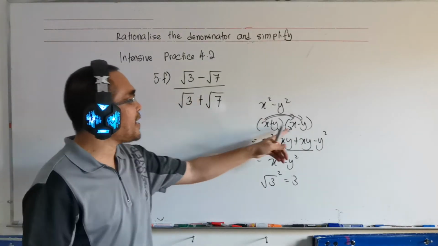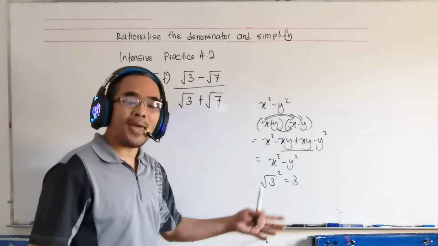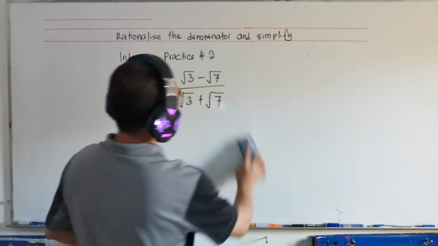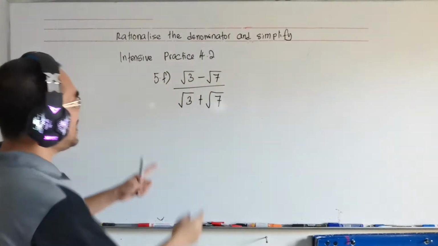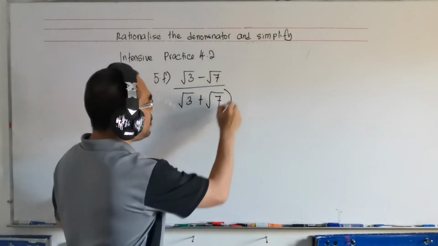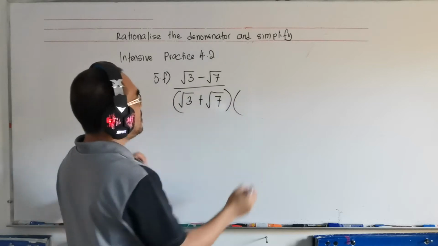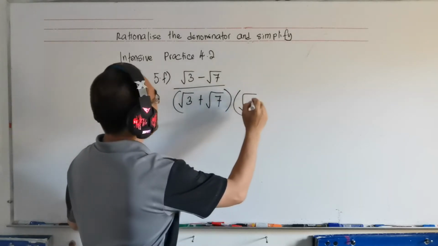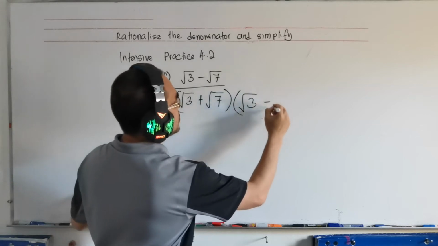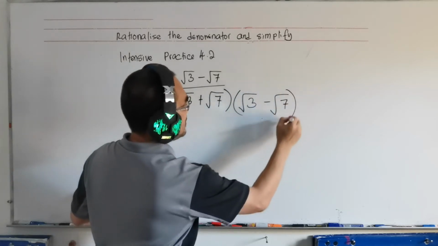If you have x minus y, you multiply by x plus y. In this case, our denominator is plus, so we put a bracket here, and we multiply by square root of 3 minus square root of 7.